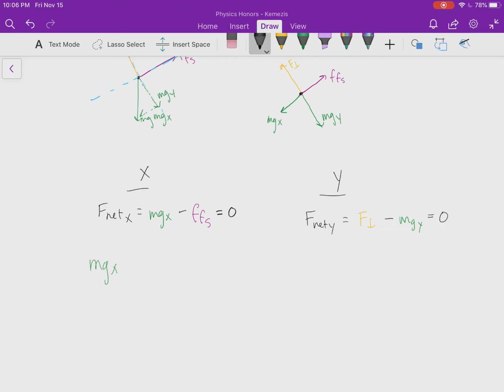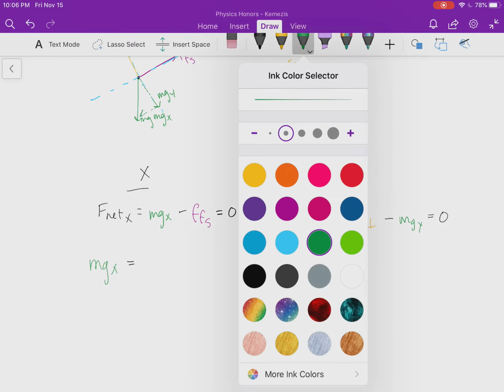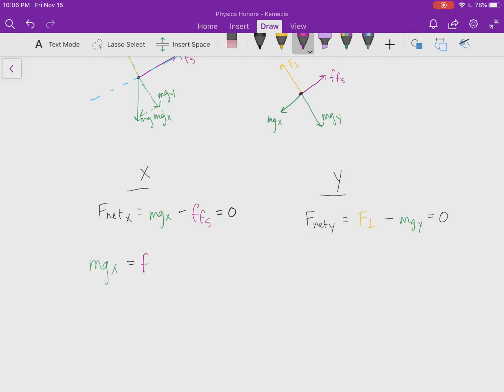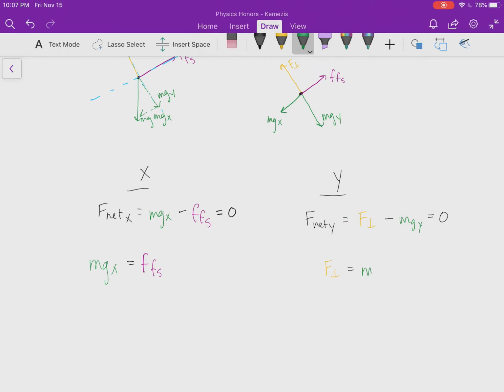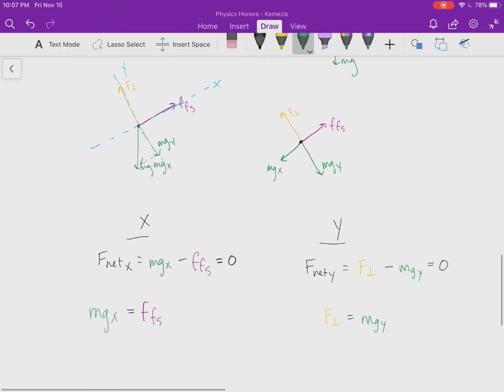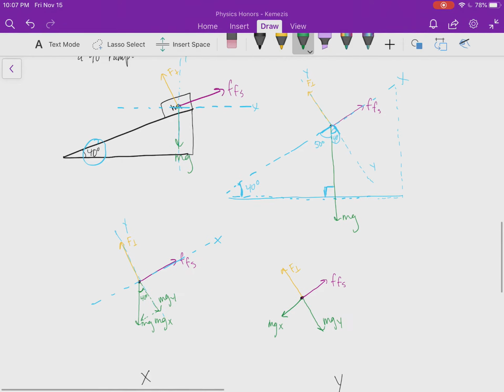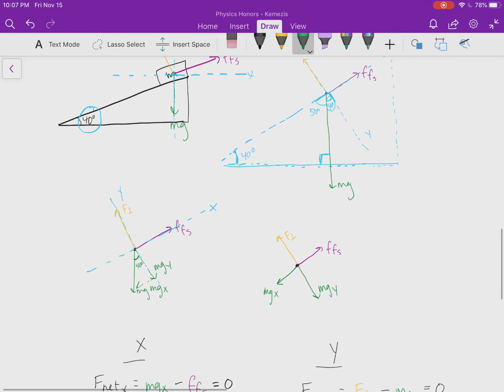So that tells us that mgx is equal to the force of friction, and normal force has to be equal to the mgy component. Okay, and we do know this angle is 40 degrees because that's what we proved up here.